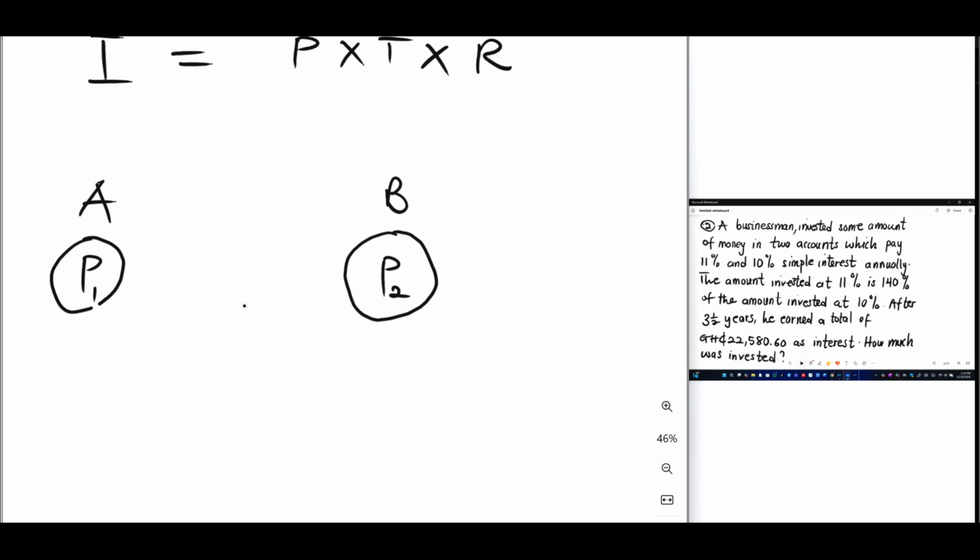One of the accounts attracts an interest rate of 11%, and the other attracts 10%. You can interchange it. You can bring the 10% first before the 11%, and you are going to get the same answer. Now let us continue.